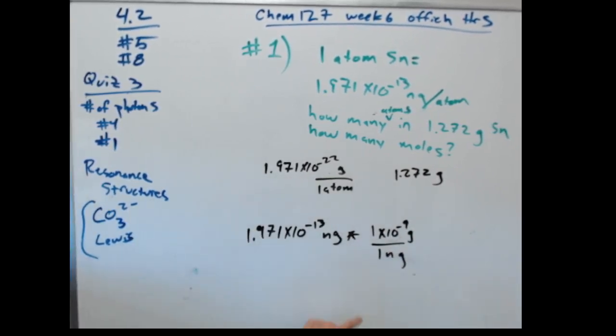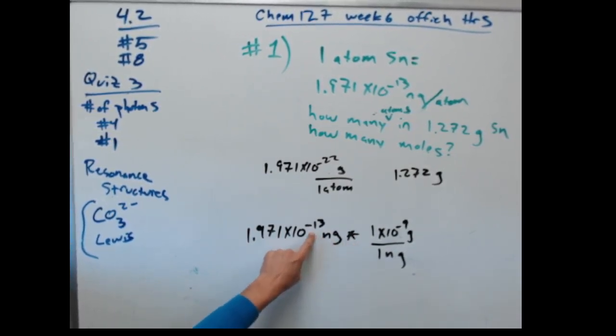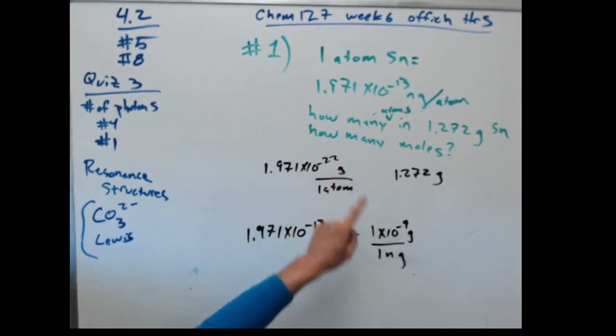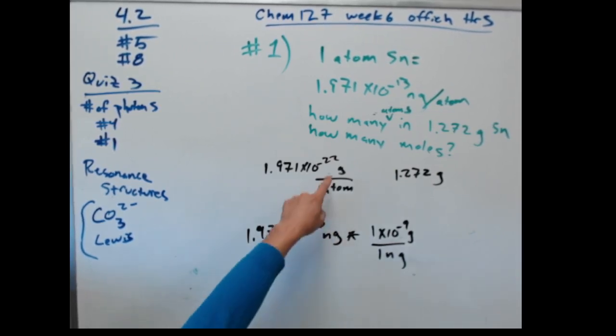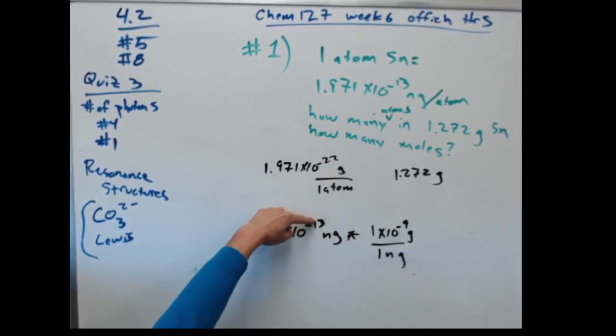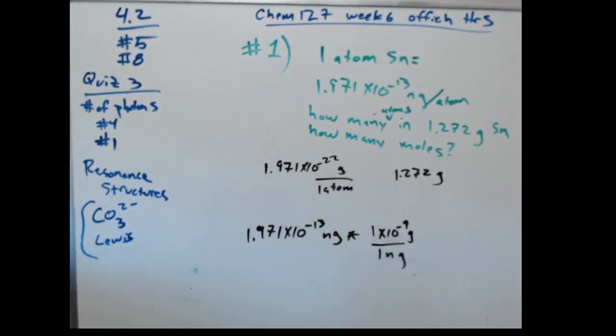A nanogram is really tiny, a small fraction of a gram. When I multiply these two together, it's minus 13 plus minus 9, which gives me minus 22. Once we practice this enough, I see the nano and I'm like, oh, 13 is going to be 9 lower. So it's minus 13 minus 9 is minus 22.